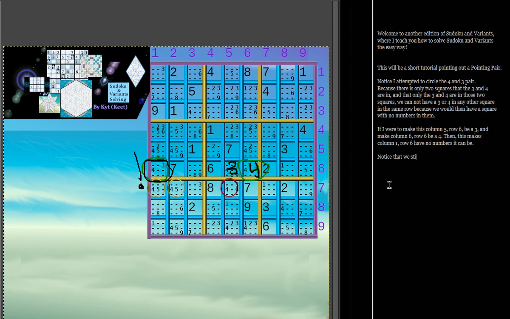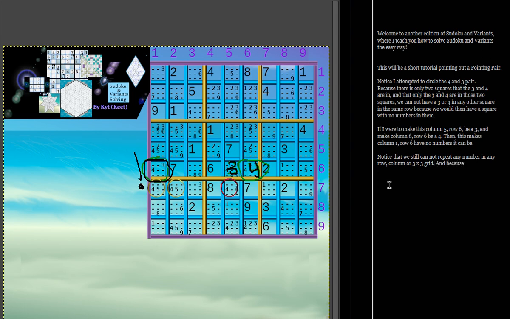Notice that we still cannot have more than one number in, let's say, notice that we still cannot repeat any number in any row, column, or 3x3 grid.